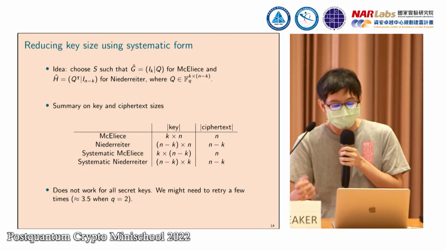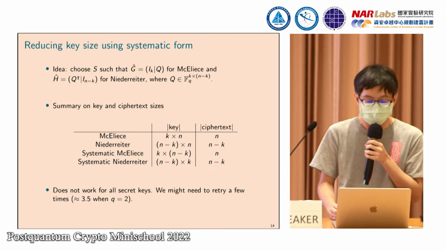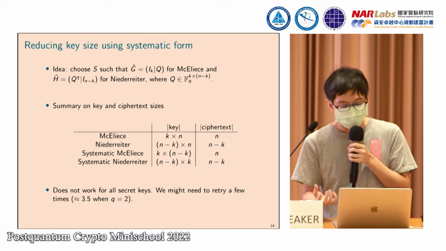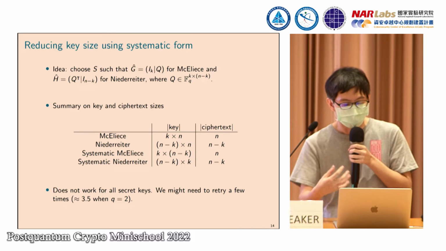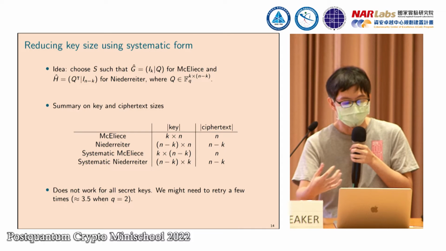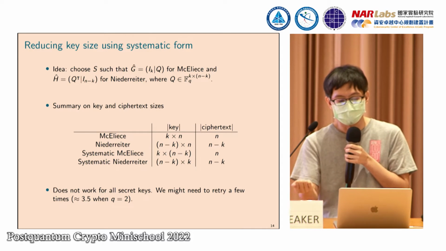This is a very trivial fact if you know something about linear algebra. So the bad thing about using this is that we might need to generate the secret key a few times until we find a corresponding public key which can actually be reduced to systematic form.